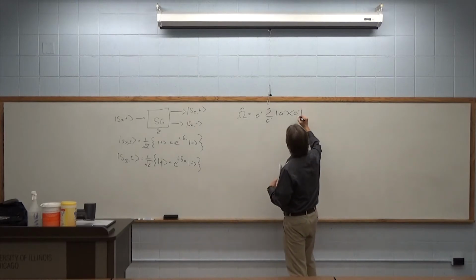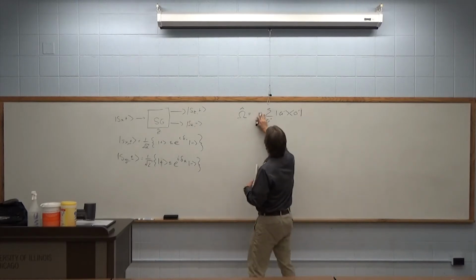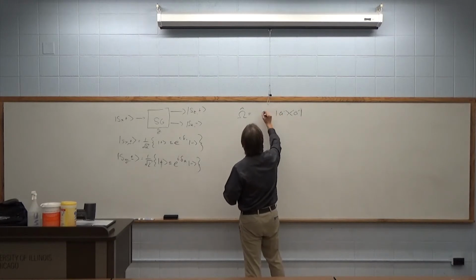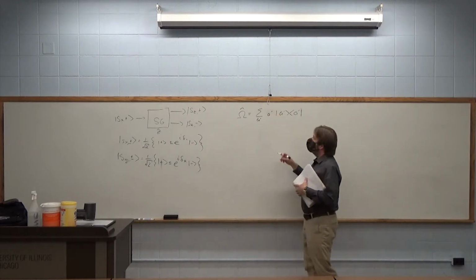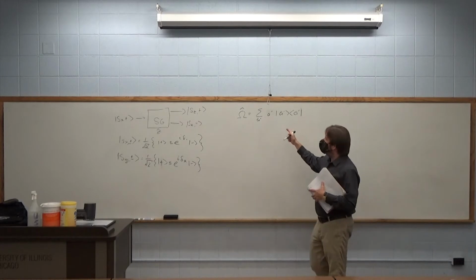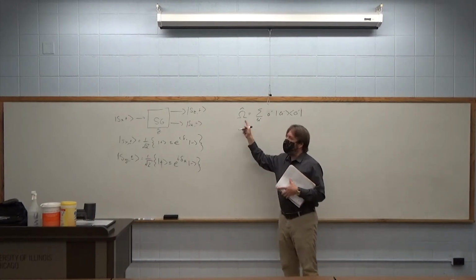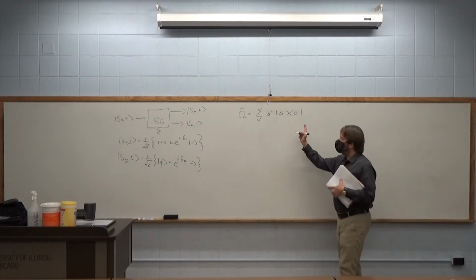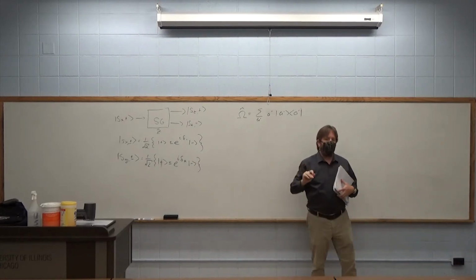Oh, sorry, that has to be on the inside. So eigenvalue times ket. Again, A has to be an eigenvalue of the operator, or this doesn't work. So just heads up on that.